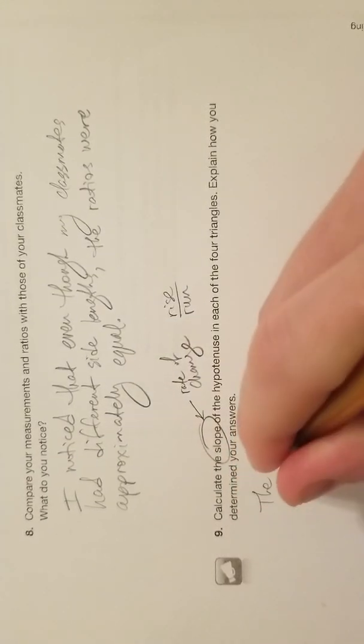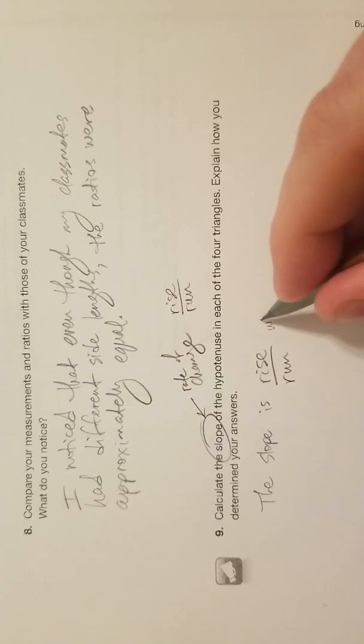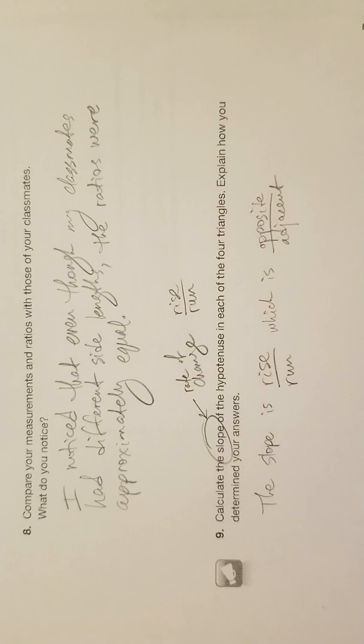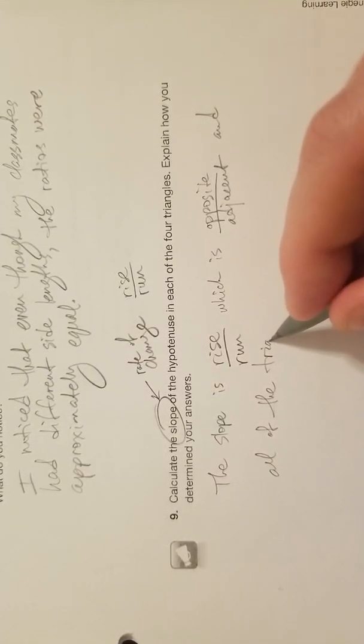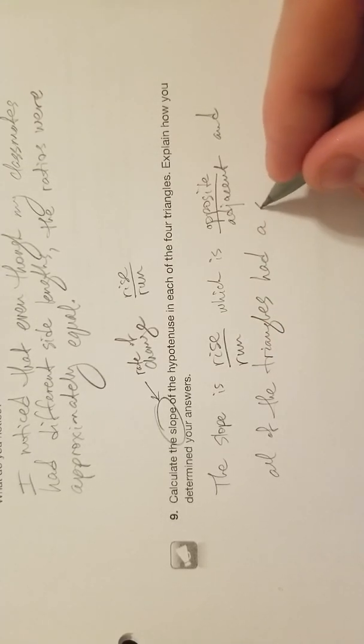So the slope is rise over run, which is opposite over adjacent, and all of the triangles had a slope of 1.